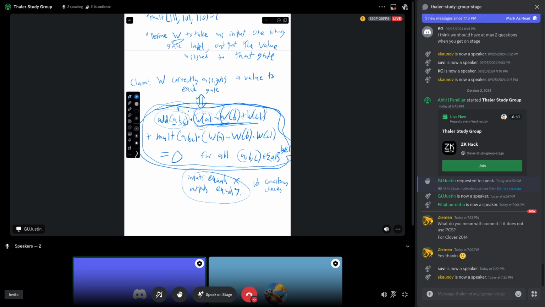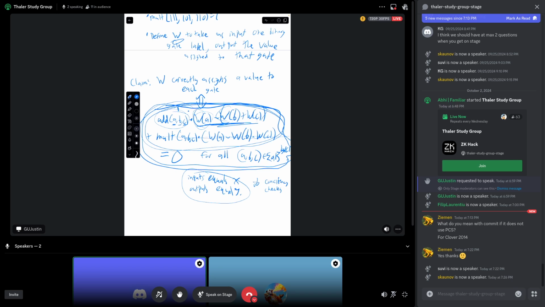And if A is an addition gate, then mult(A,B,C) will be 0, and it'll kill the other term. So for each addition gate, the value assigned to gate A better be the sum of the values assigned to its in-neighbors B and C, or else this expression will not evaluate to 0 at A, B, C.